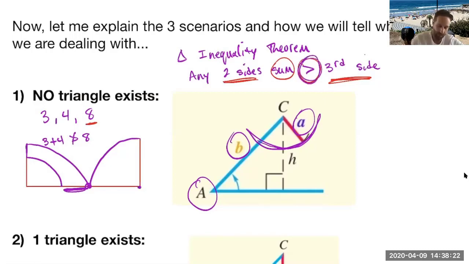Okay? And if it were bigger, so let's say we had a 4, 5, and a 7, and I drew that out. And I started taking those just like a bridge, and I started pushing each one of those down.